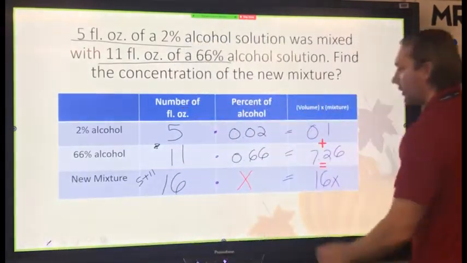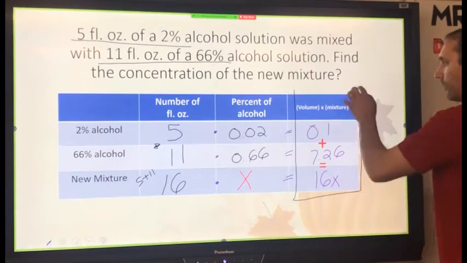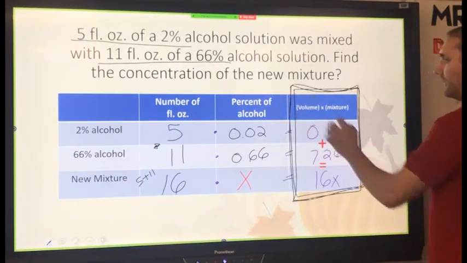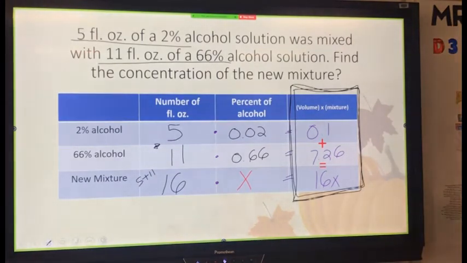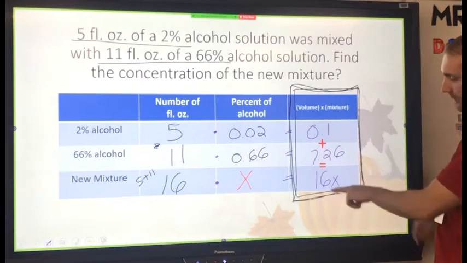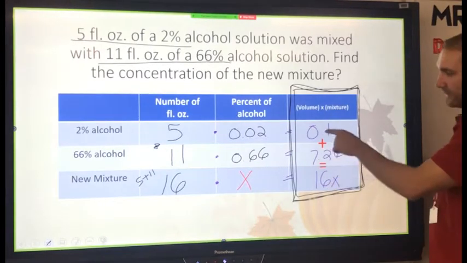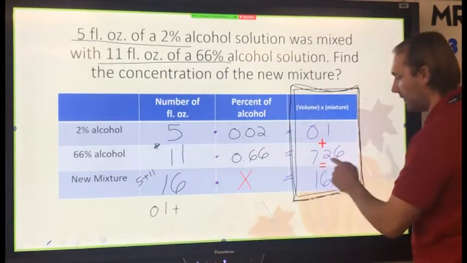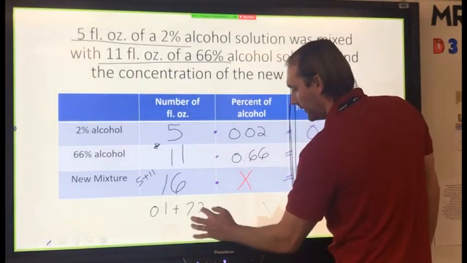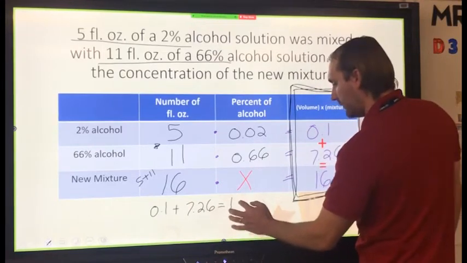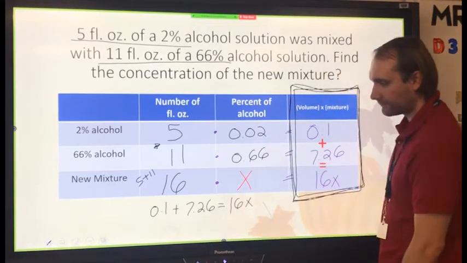Now, the goal of all of our word problems is to get to this final column. This is going to give us our equation. Because I'm taking these two solutions and adding them together, they're going to equal this solution. So I have 0.1 that I'm adding to 7.26, which equals 16x.